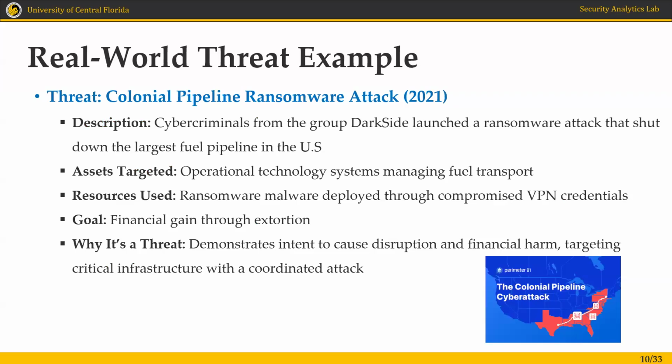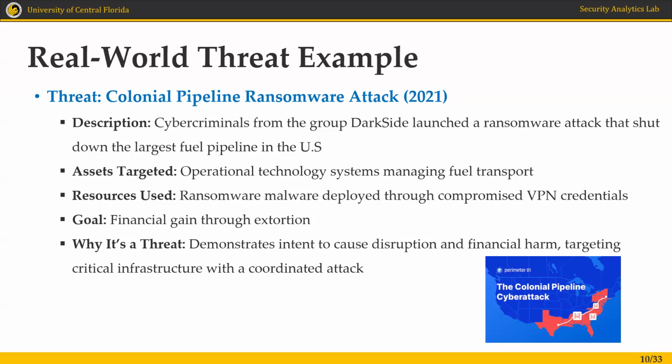Here's another quick one, the Colonial Pipeline ransomware attack in 2021. With ransomware attacks, attackers usually try for ransom, which could be money or certain information. Cyber criminals launched a ransomware attack that shut down the largest fuel pipeline in the US.